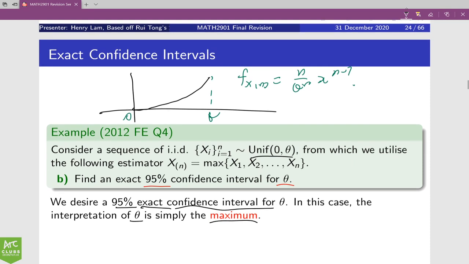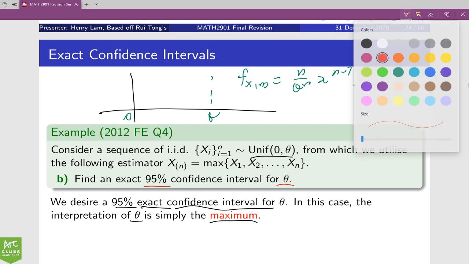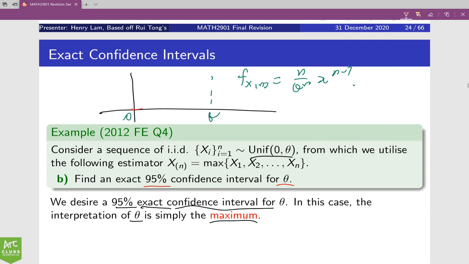We want to build a 95% confidence interval for theta. We know that the upper bound of Xn is theta. So you wouldn't really go with a two-sided interval here, because you would expect theta to be a maximum value, so it doesn't make as much sense to look at both sides. I should probably extend this up so it's easier to see. Just pretend it's like this.